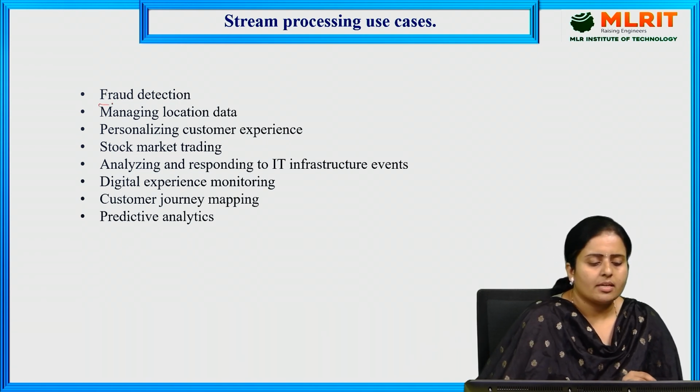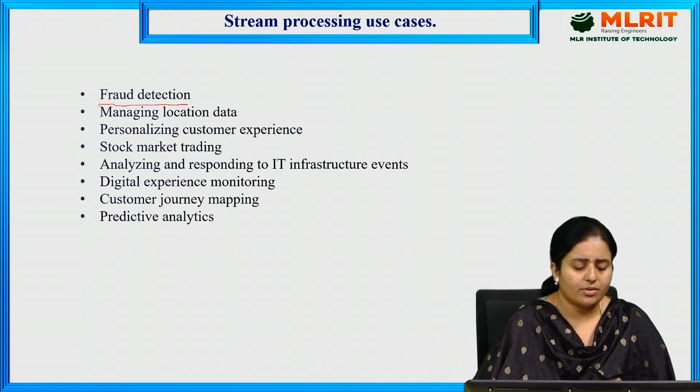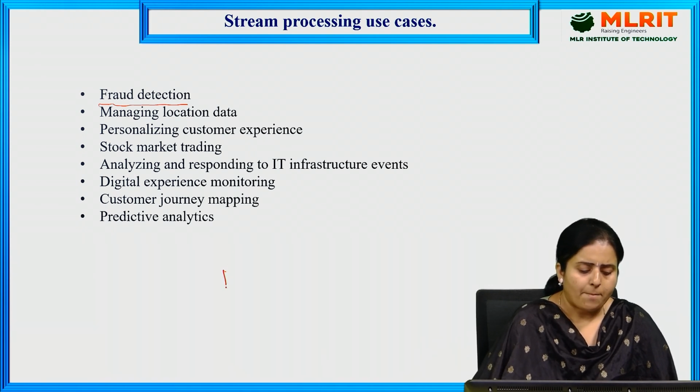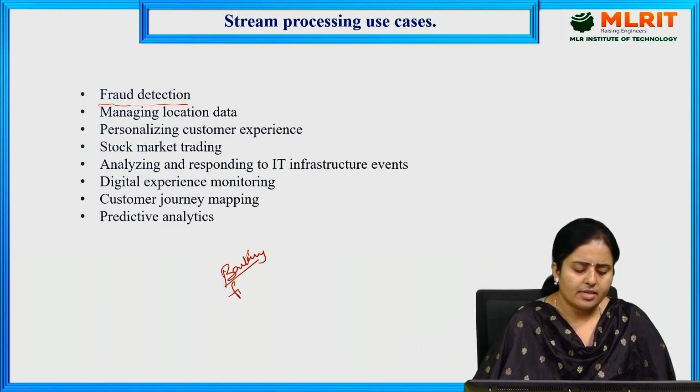First is fraud detection, where we can see this kind of scenario in the banking sector. There may be chances of fraud in financial transactions, because for every second, millions of transactions are happening.